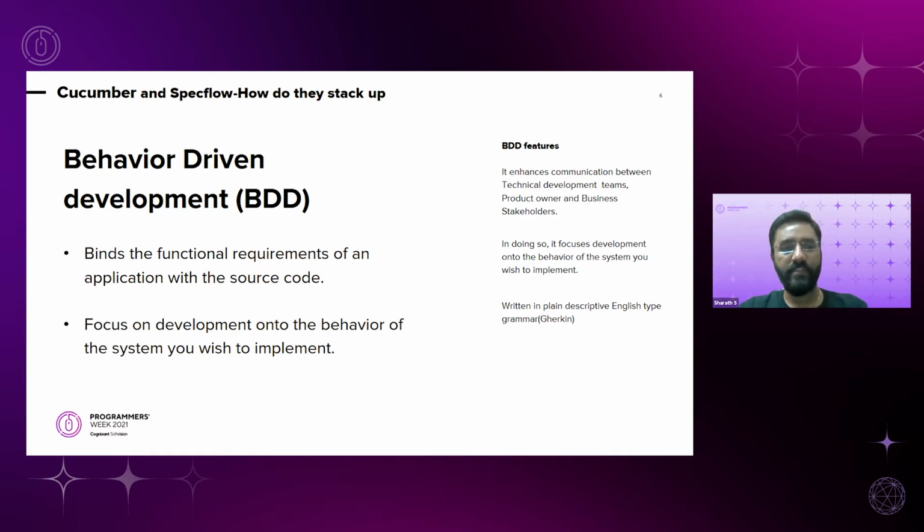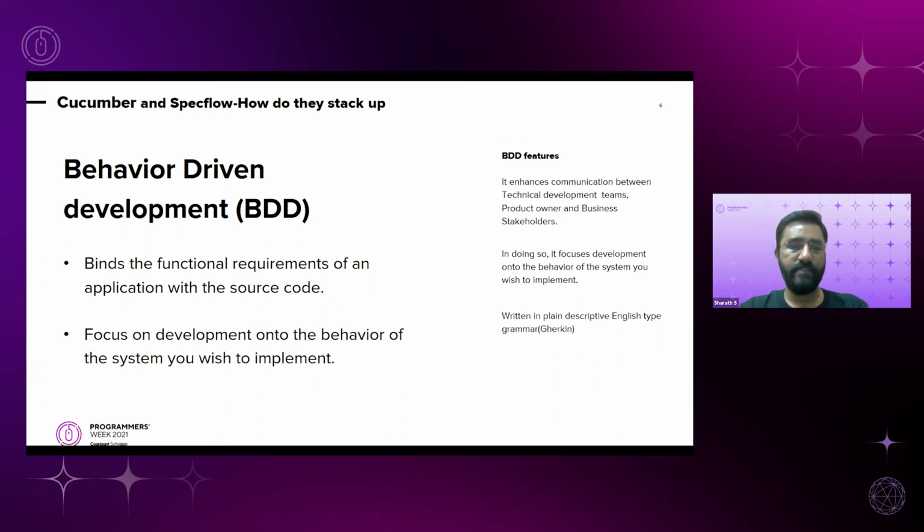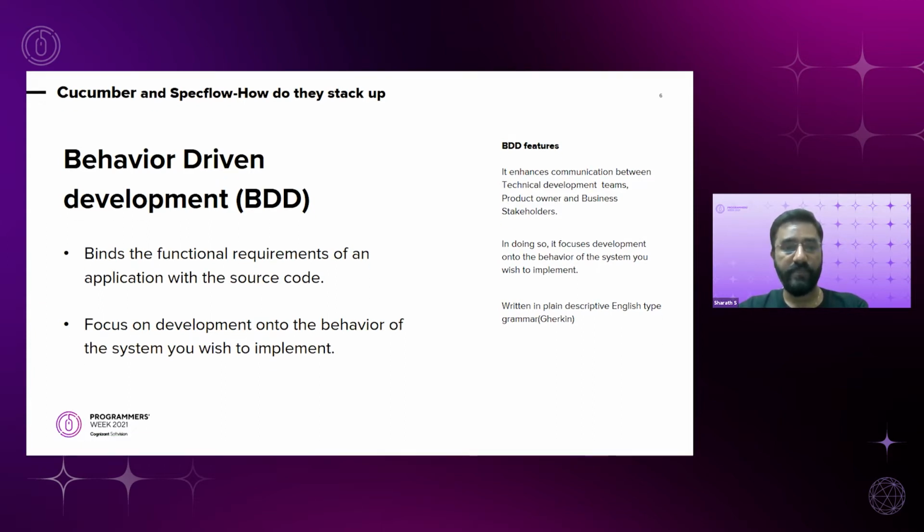Again, in BDD, the focus is on the behavior of the system we wish to implement. The focus definitely is on what we want to implement and what our product owner or stakeholder has provided. They won't provide us any code, right? It could be a simple plain English requirement. That's what we want to convert.